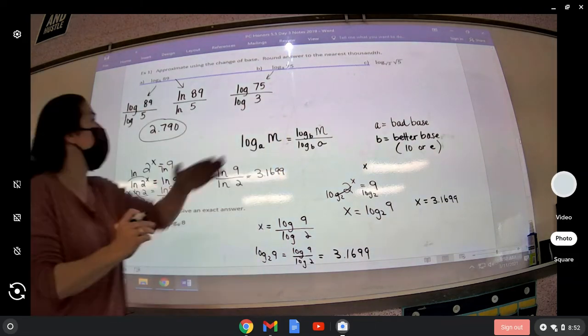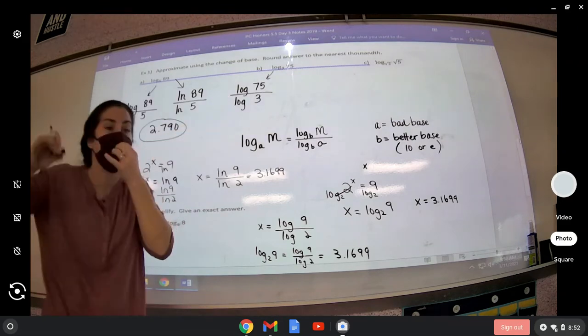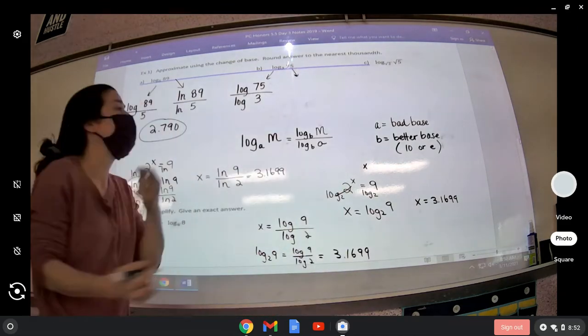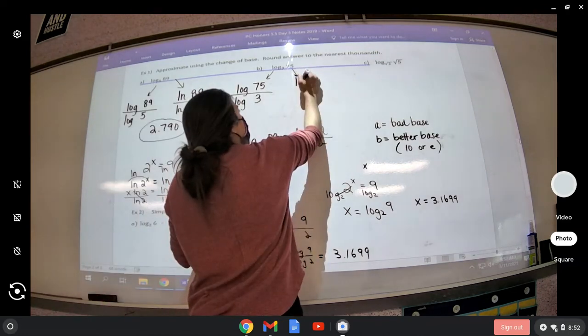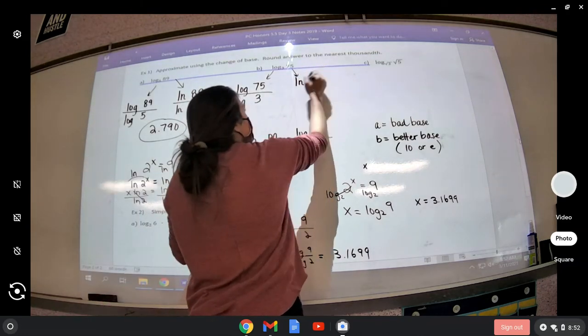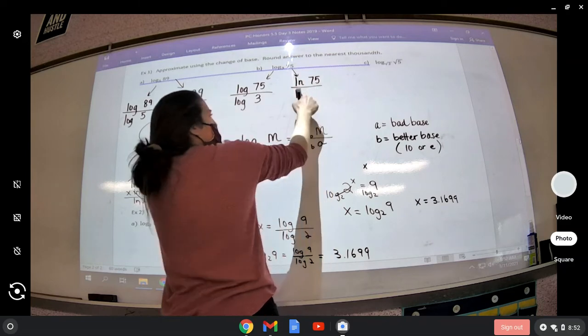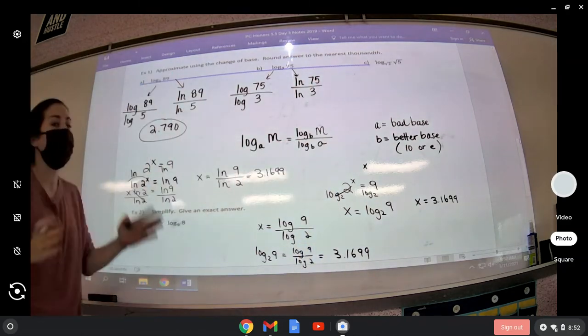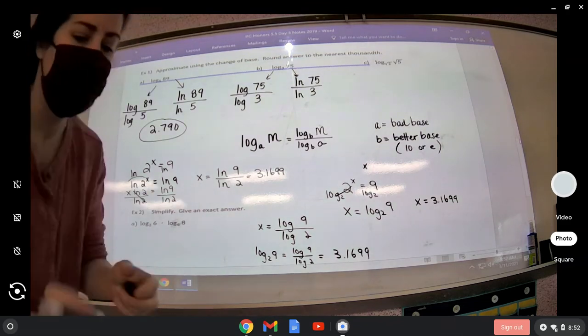That's what the change of base is. Or if I wanted to make it a base E log, it would be the natural log of 75 divided by the natural log of my old base 3. Either one is going to get you the exact same answer.